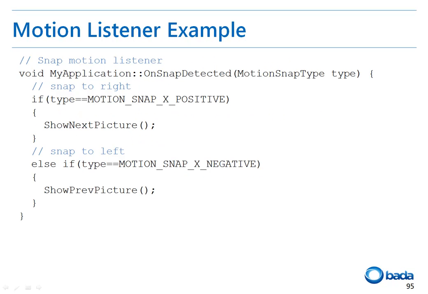Next, I've retrieved the snap motion type from the onSnapDetected function of the listener. Then, if the motion type is snap x positive or snap x negative, the corresponding operation is performed.